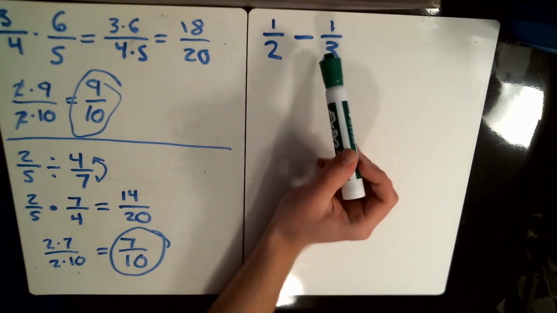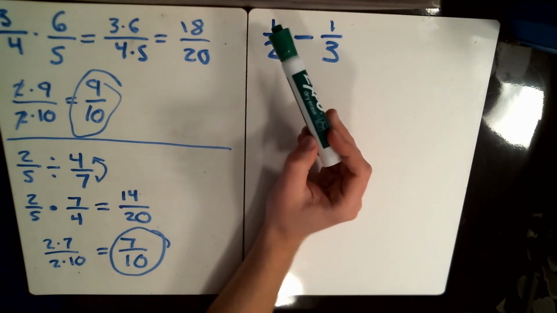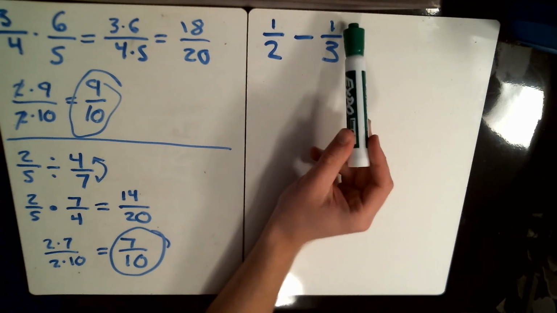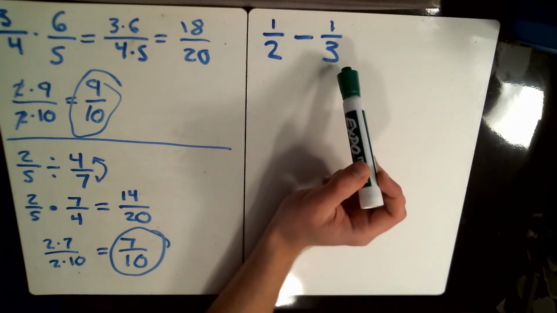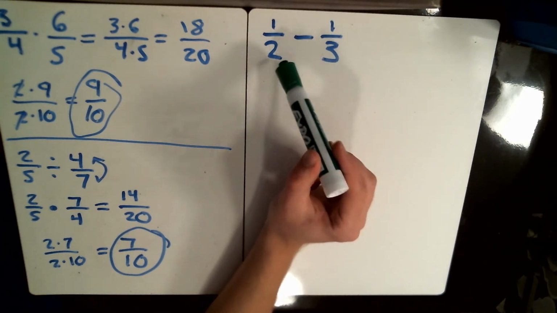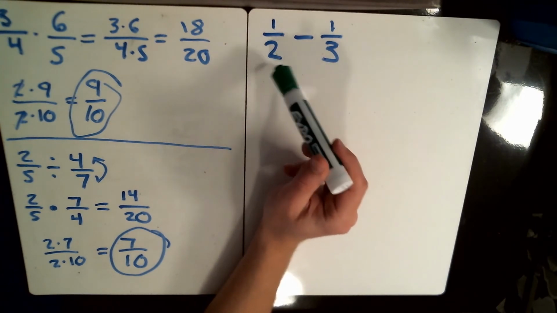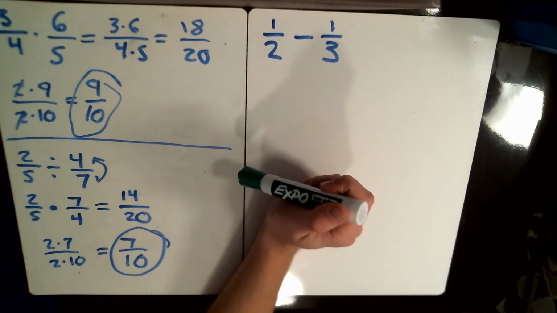This is a third of a whole, so it's like one piece out of 2 equal parts, and 1 piece out of 3 equal parts. Okay, so in order to be able to take these away from each other, they need to be out of the same number of parts.